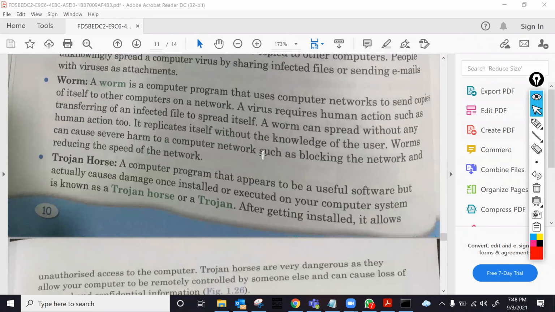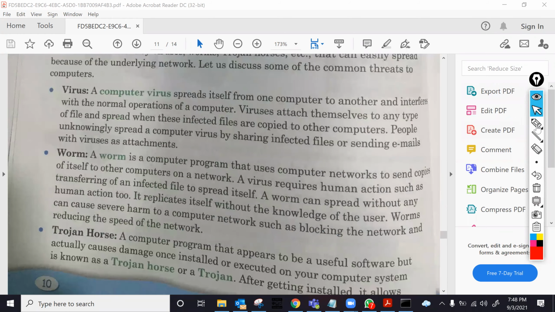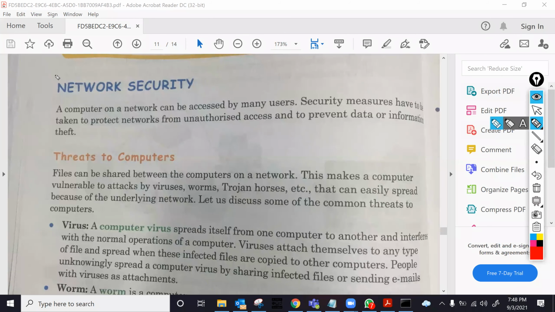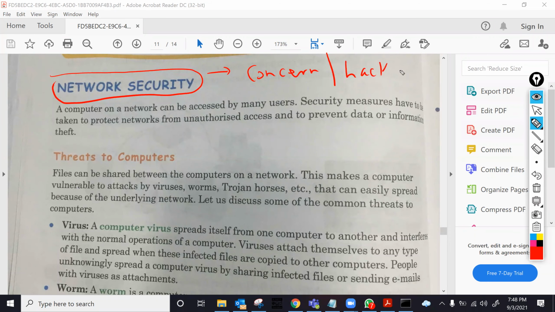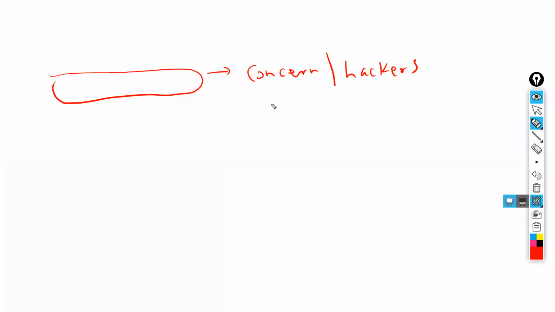And here we'll start network security. These days security is a very big concern for every company, because there are a lot of hackers. We are not talking about physical security.